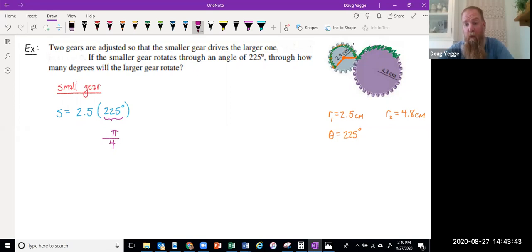Now I have to think about where that is. Well, if this back here is pi, or rather 4 pi over 4, then I've just gone an extra pi over 4 to mean that what's left is 5 pi over 4. So I know that my unit circle radian measurement for 225 degrees is 5 pi over 4.